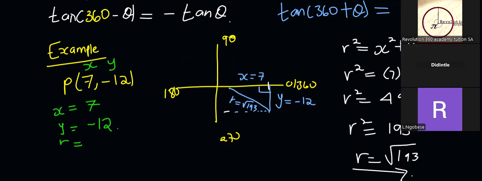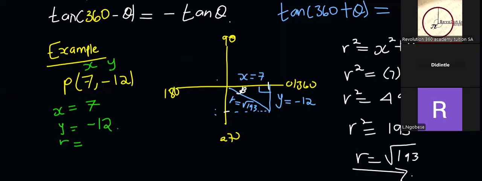Now if you have X, Y, and R, you are more safe. The question says the point P, 7 and negative 12, lies on the terminal ray of beta. So the terminal ray of this angle is given by beta, just like that. Then we must determine the length of OP. OP is the hypotenuse side.